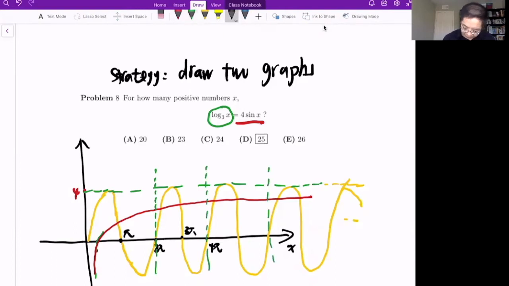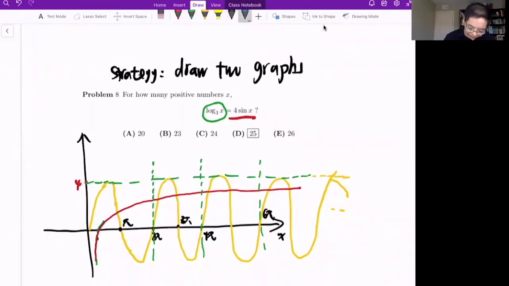Here, this is 6 pi, right? Within the first period, we just have one intersection. And the second has 2, the third also 2, and this is also 2. So the point is that within each period, except the first one, the others have 2, 2, 2, 2.